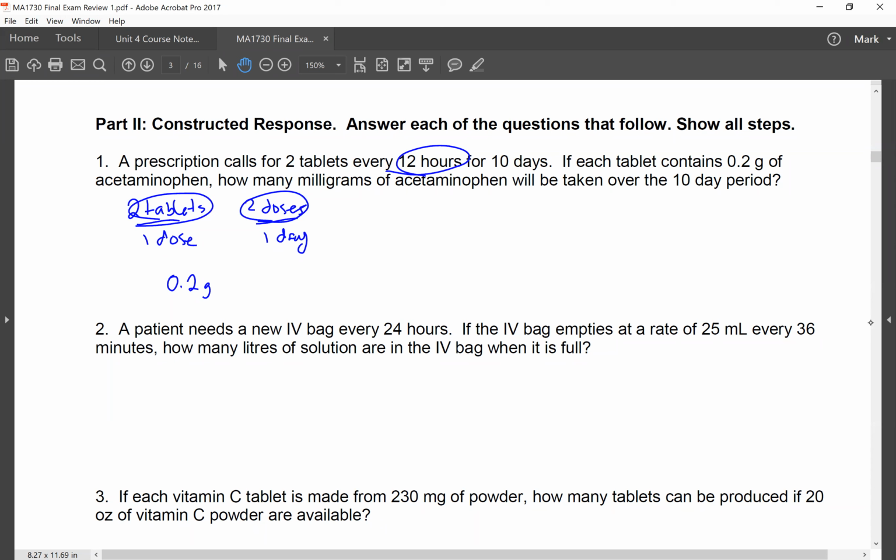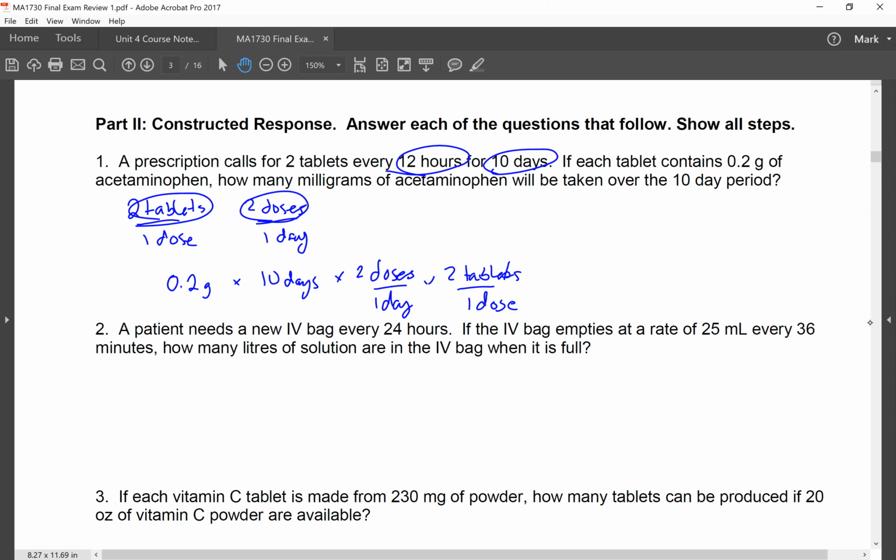We take 2 doses a day for 10 days. So we're doing this for 10 days. We take 2 doses per 1 day. We take 2 tablets for 1 dose.